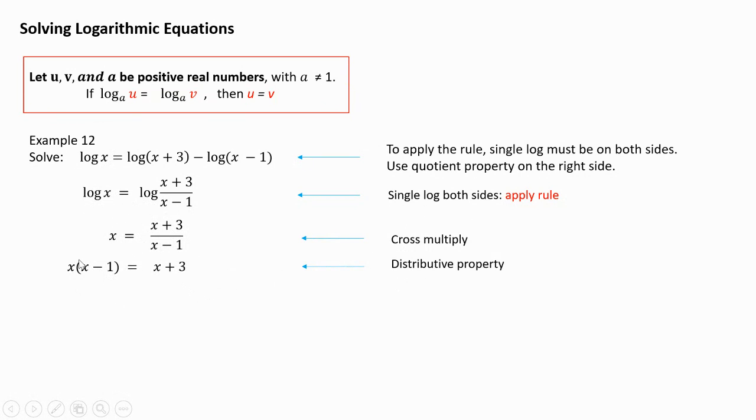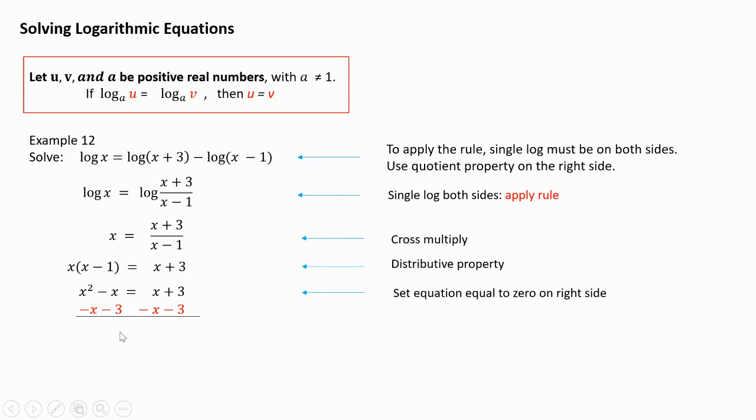Now on the left side, we have to distribute. x times x gives us x squared, and x times negative 1 gives us negative x. Since the x squared is on the left, we need to set the equation equal to 0, so we subtract x plus 3 from both sides. This gives us 0 on the right side.